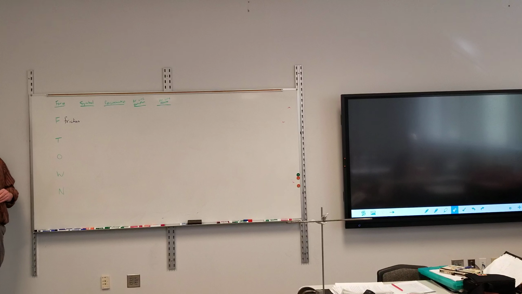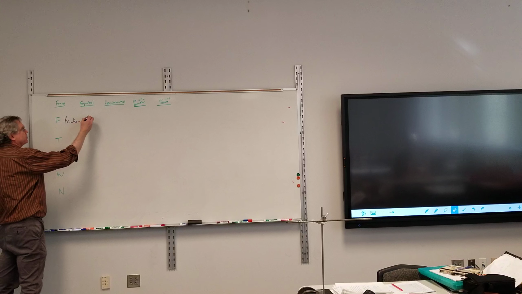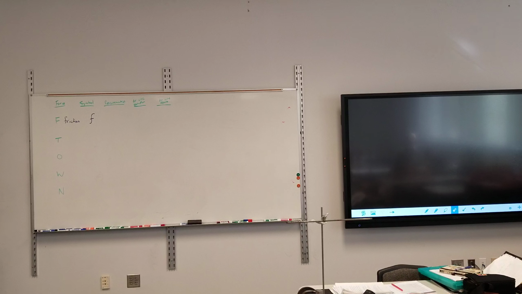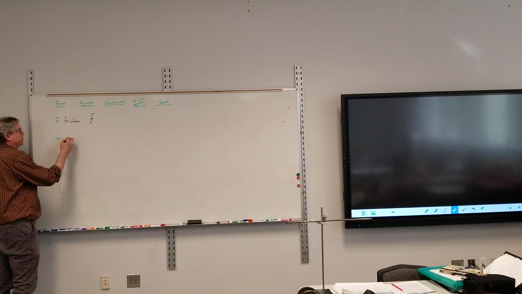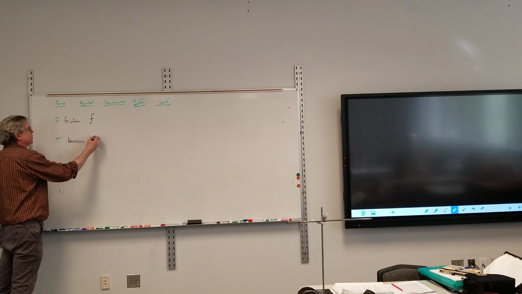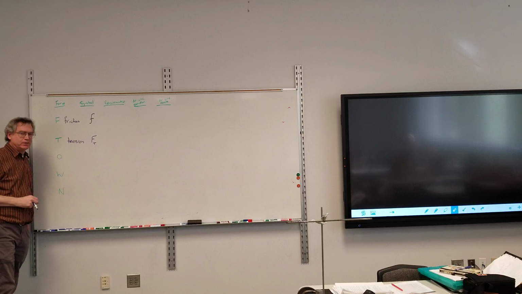And the symbol that I will be using for friction is what I refer to as the Baruch F. It is just the fancy lowercase f for the lesser curls. This T is for tension, and I use F with subscript of capital T for tension.